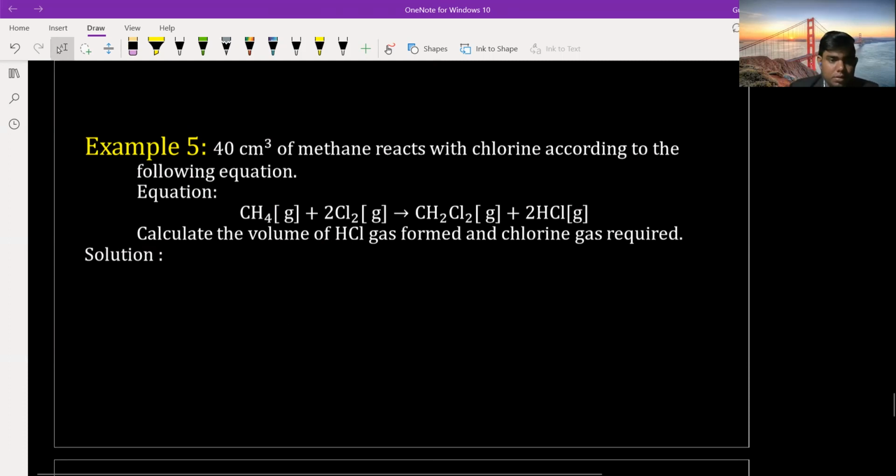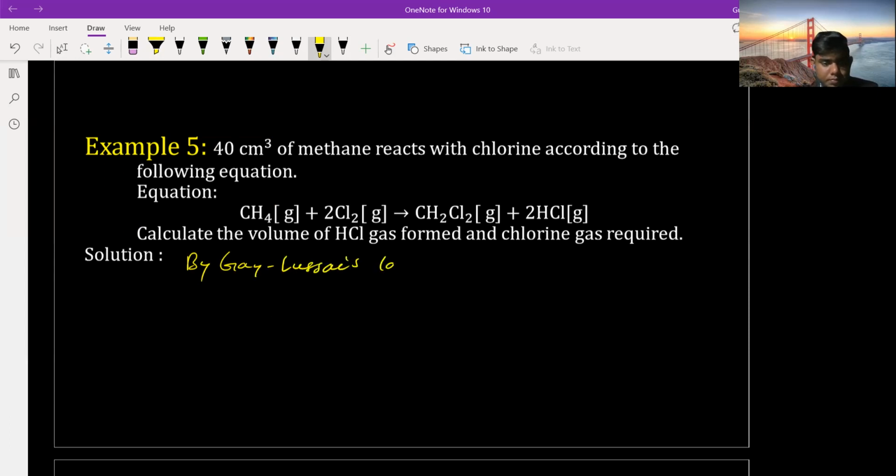Okay, so using Gay-Lussac law, 1 volume of CH4 produces 2 volume of HCl.